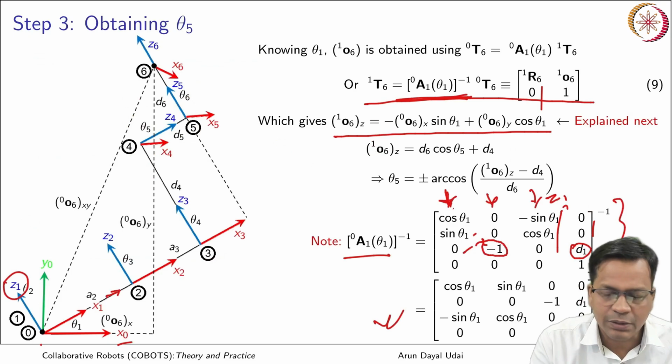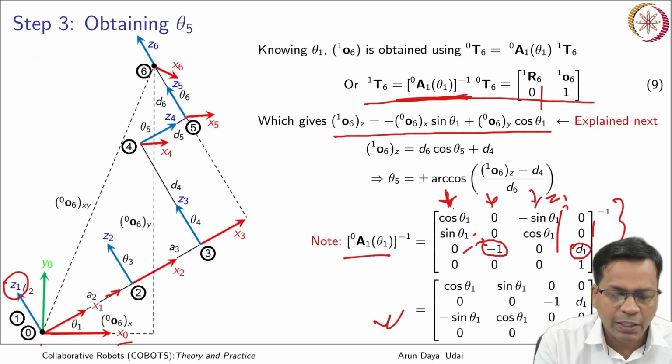So what is this now? D6 projection along this direction is actually D6 cosine theta 5. Theta 5 is the angle moved by this link. So that cosine theta 5, D4 is already along this direction.